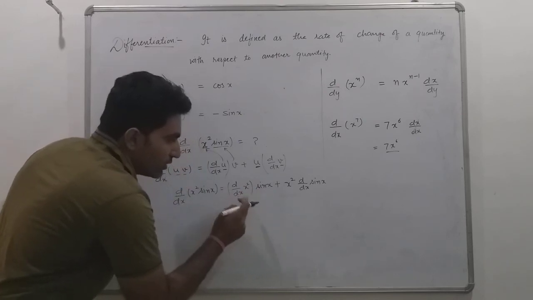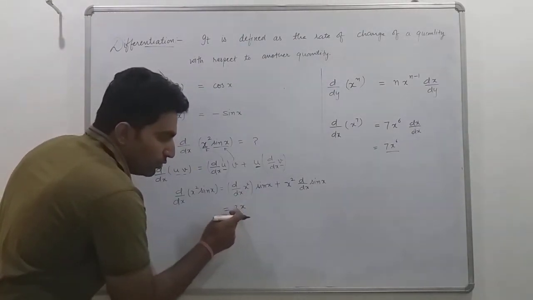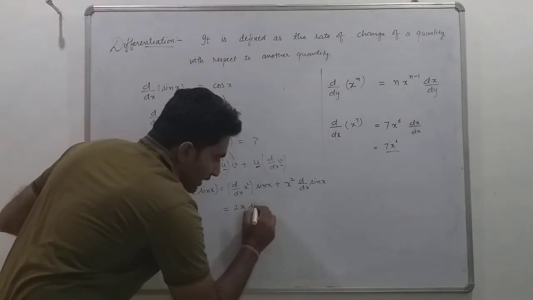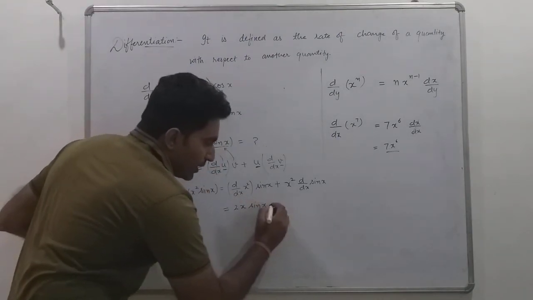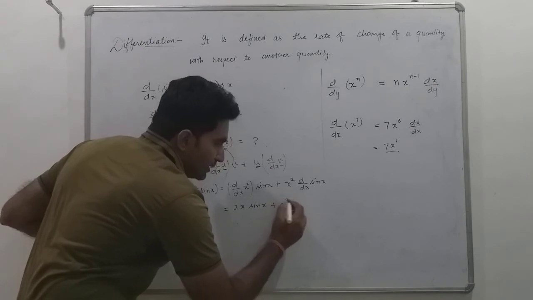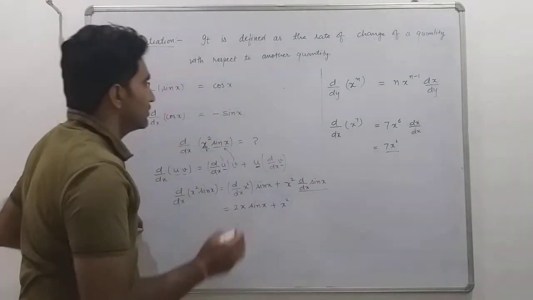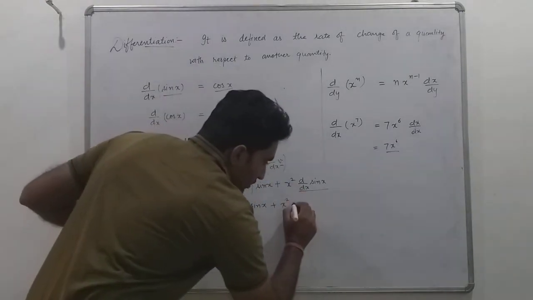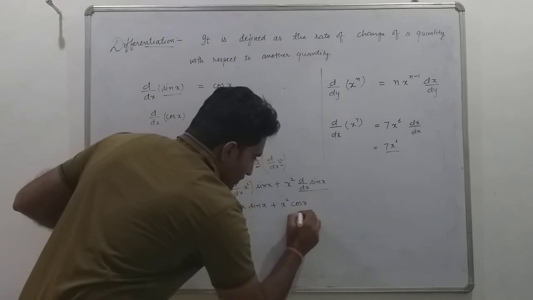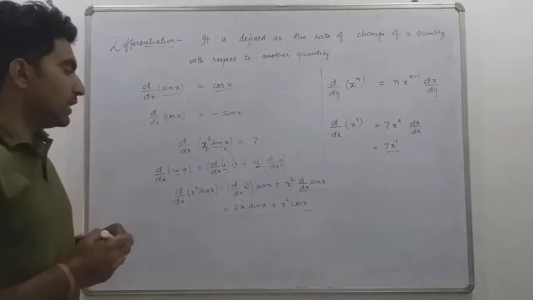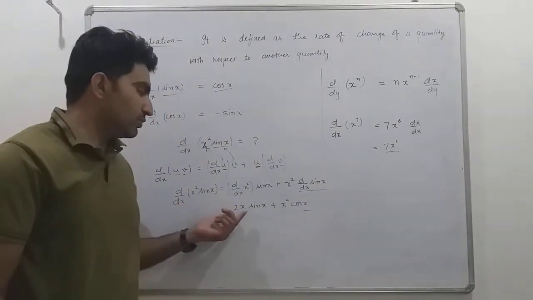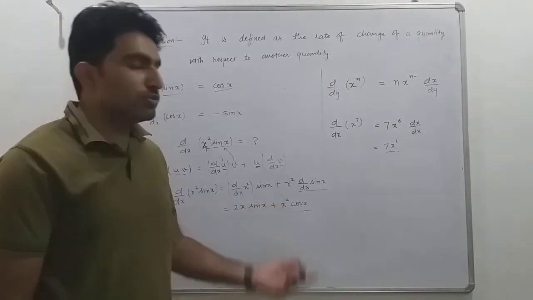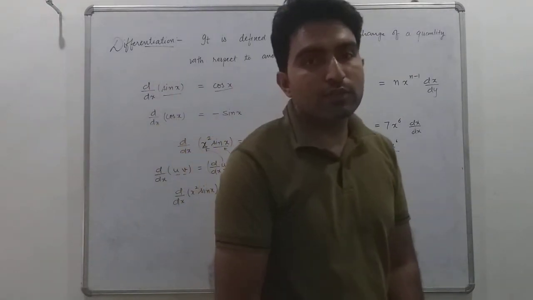So differentiation of x square will be 2x raised to power 1, 2 minus 1 is 1, and sine of x as it is, plus x square as it is, and the differentiation of sine x, we already wrote, is equal to cos x. So the differentiation of x square sine x will be equal to 2x sine x plus x square cos of x.